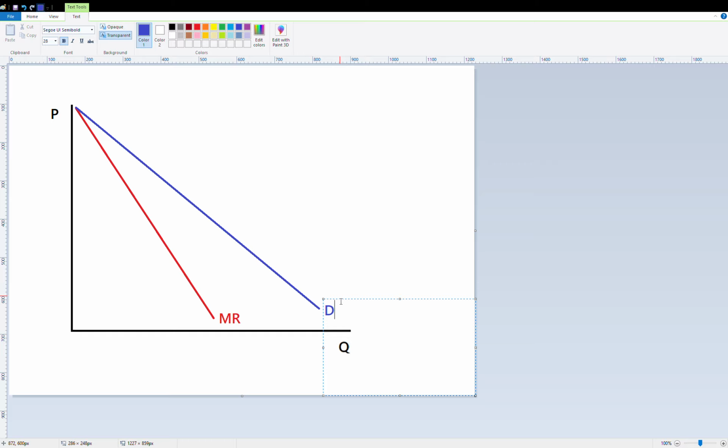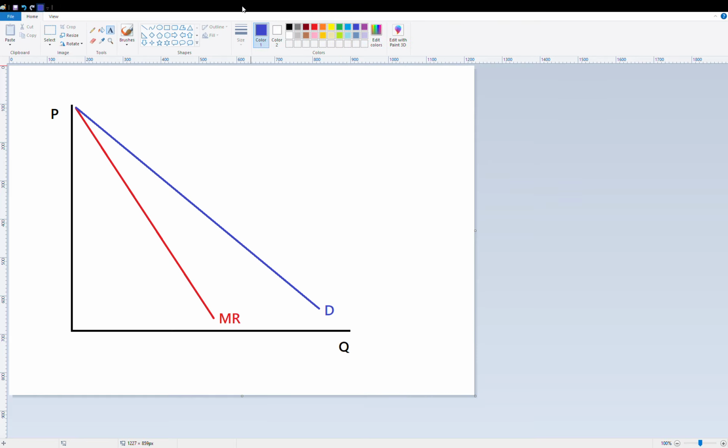It doesn't exactly have a supply curve, but the marginal cost is the one used in place of supply, because they're the only ones making the supply.